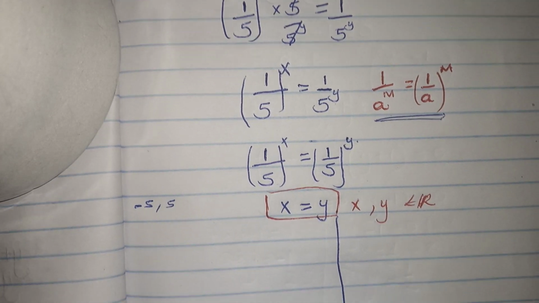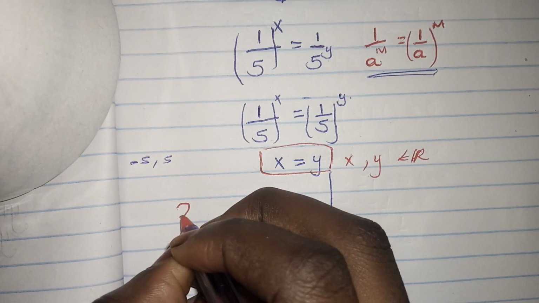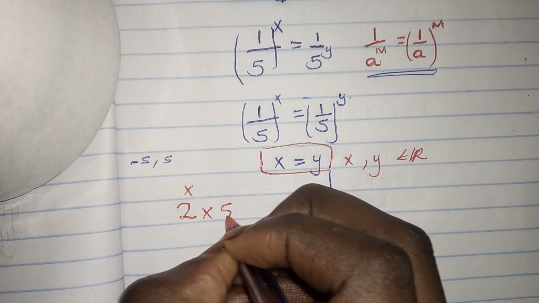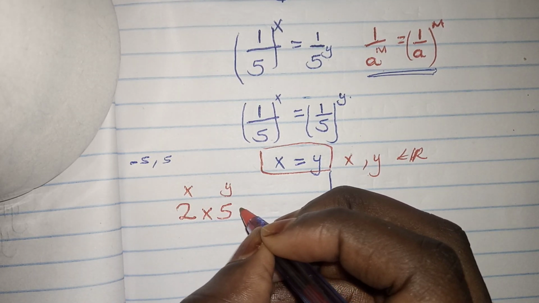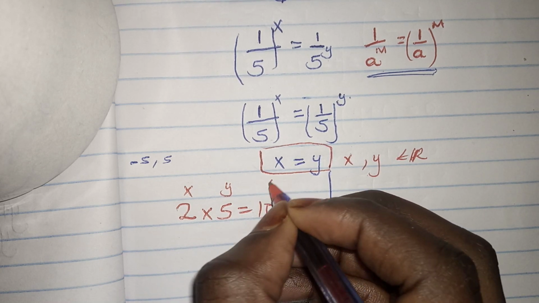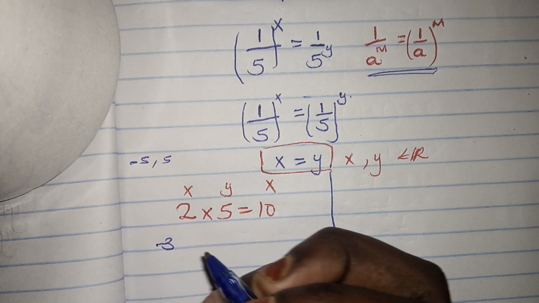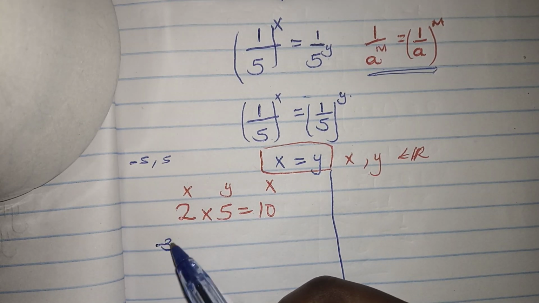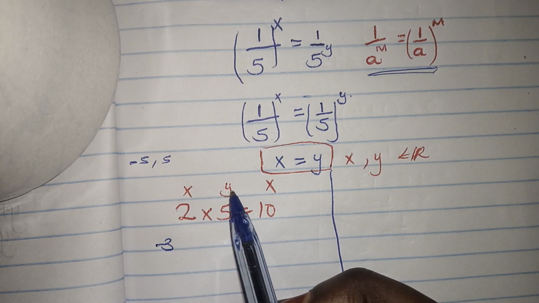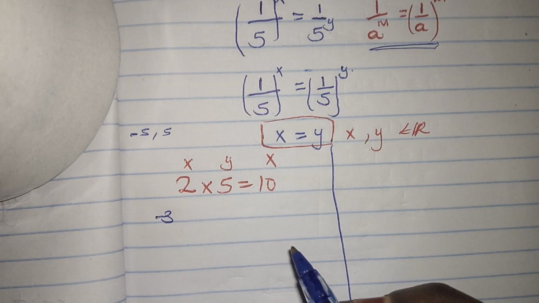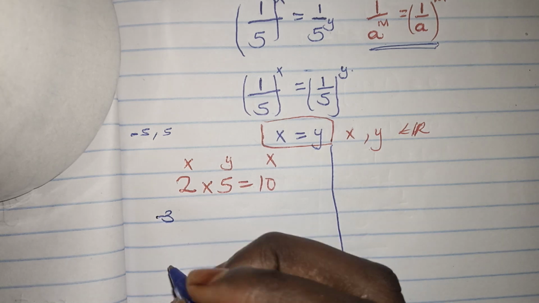This was our equation: 2 to the power of x times 5 to the power of y is equal to 10 to the power of x. So if I take -3 and substitute it for x and y, I should satisfy this equation. So let us check and confirm.